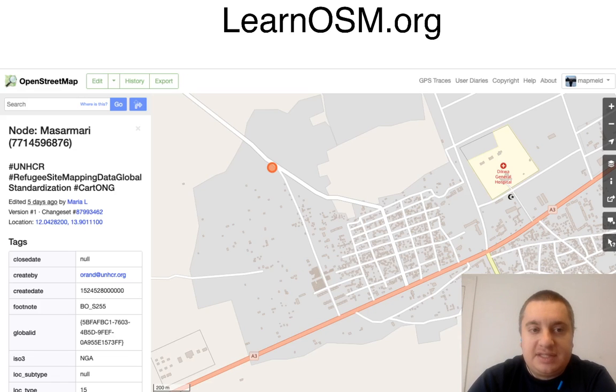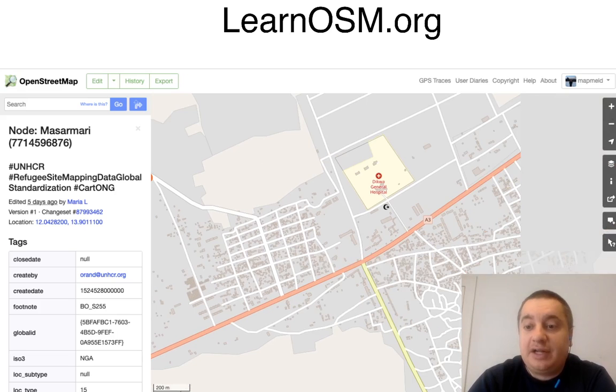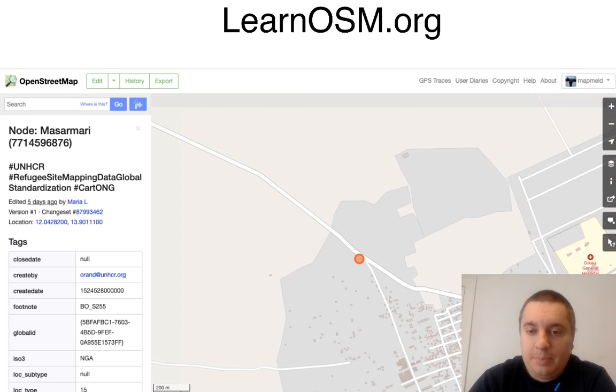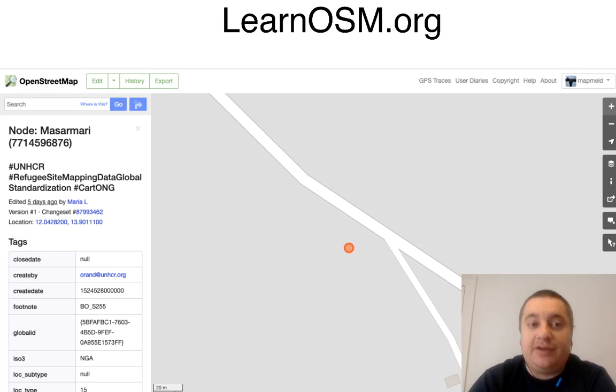They've marked this as Masar Mari refugee camp. You can see that someone's already come through and done a great deal of detail on the buildings in the central town area. But I was curious, they've placed this point here. Is there anything there that we should be mapping?